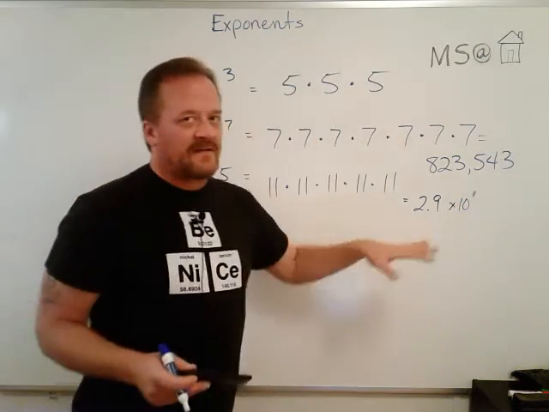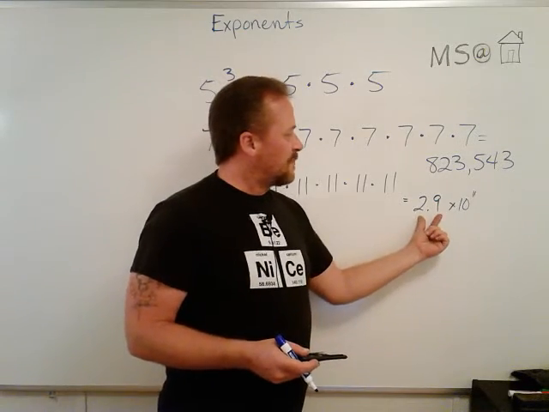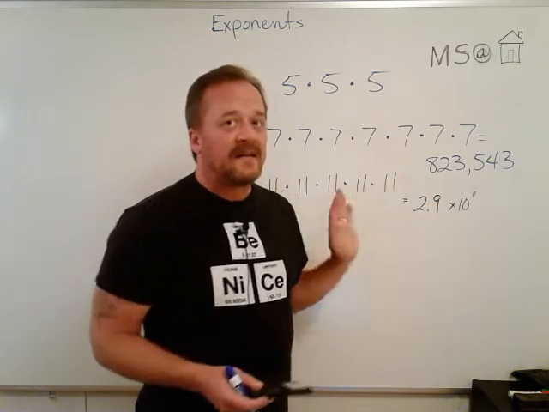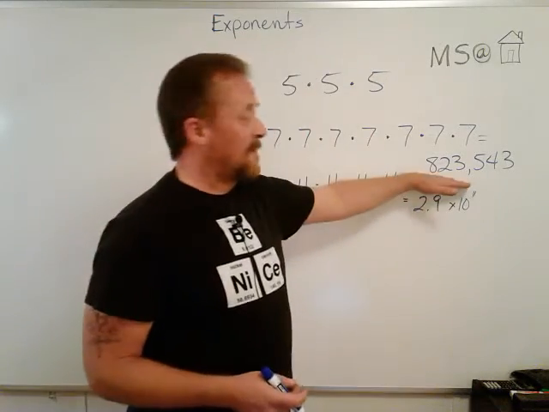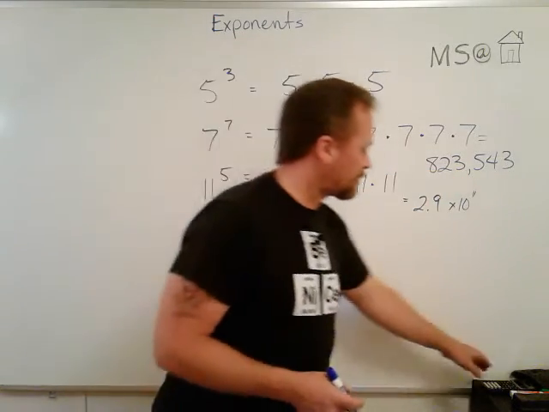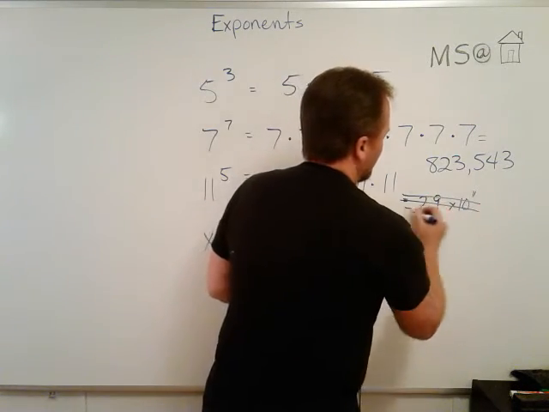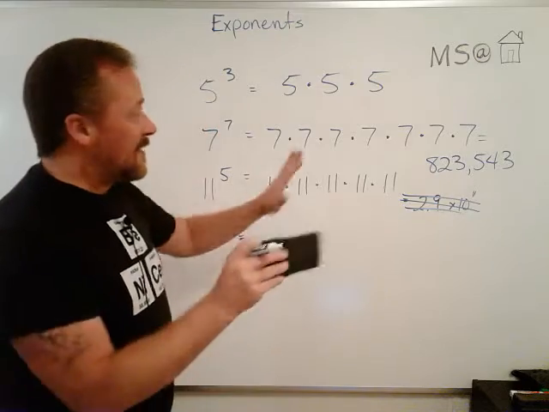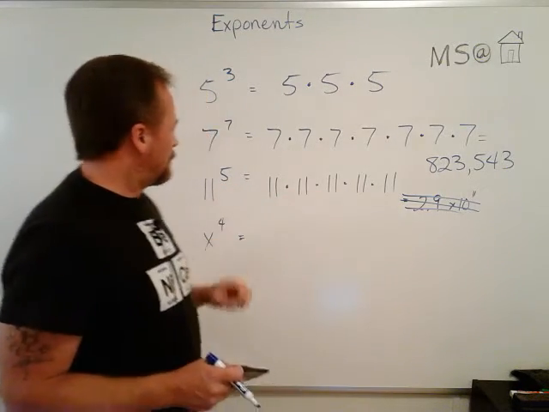Now this is called scientific notation, and don't let me distract you too much, but basically this means 2.9 with 11 zeros after it, okay? And that's a lot. So it's a lot bigger than this number. Don't worry too much about that though. If this is distracting you, then just don't worry about it, because the whole point of this exercise is to make sure that you're okay with writing this in expanded form.